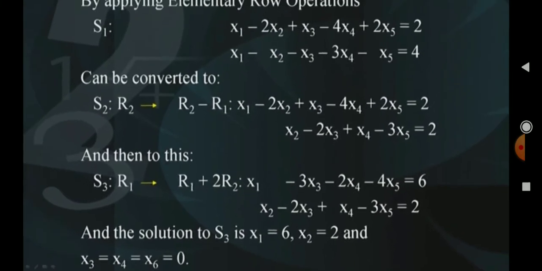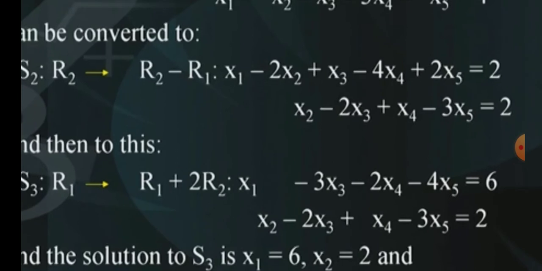Now if you check, further solution is not possible, because the number of variables here is 5 and the number of equations is 2.